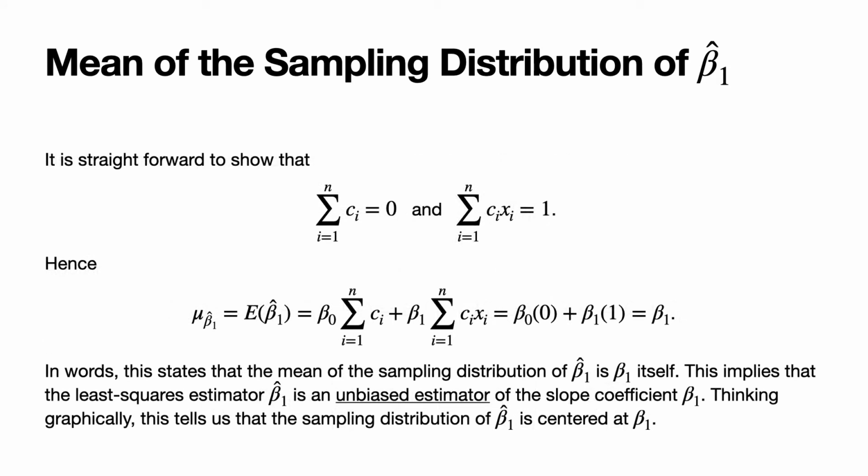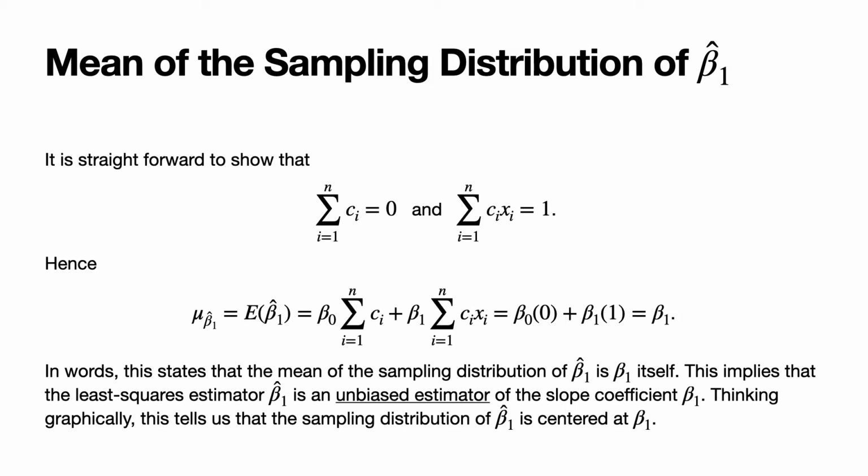It is straightforward to show that the c values add up to 0, and the sum of the products c sub i times x sub i is equal to 1. And so from that, we can determine that the mean of the sampling distribution of beta 1 hat, mu sub beta 1 hat, is equal to beta 1.